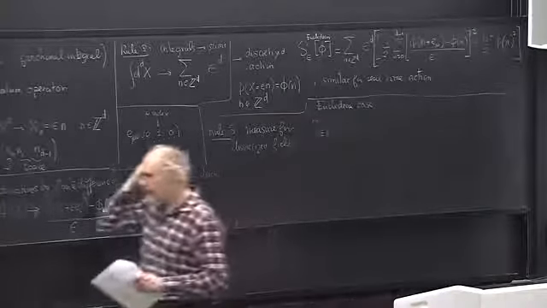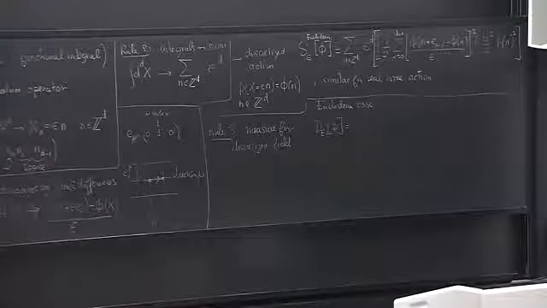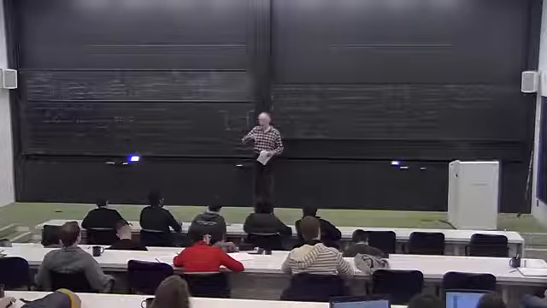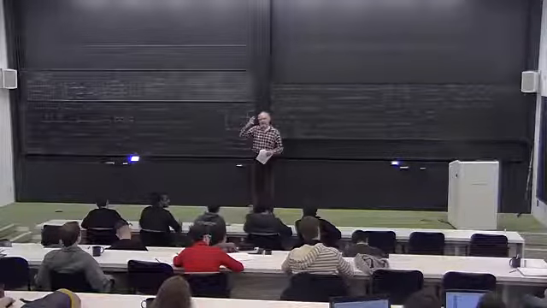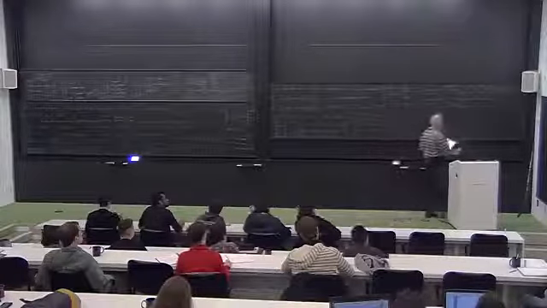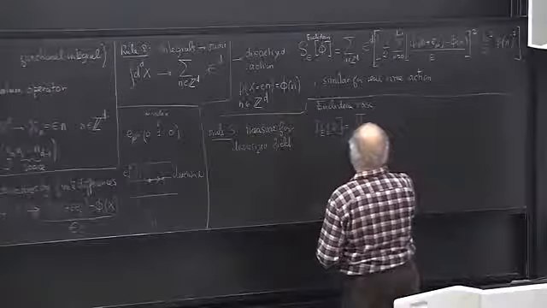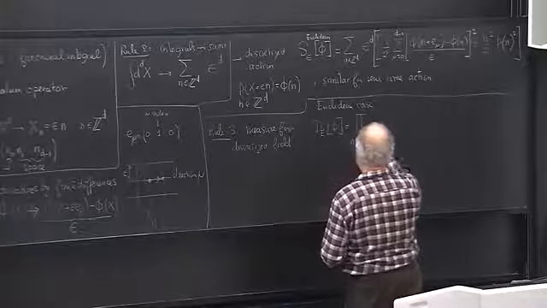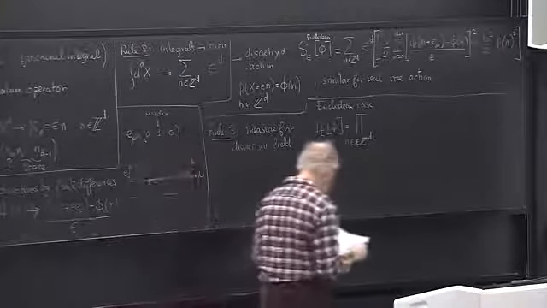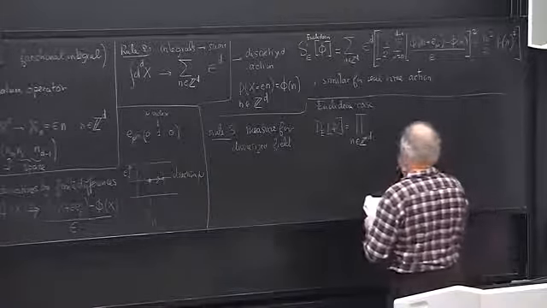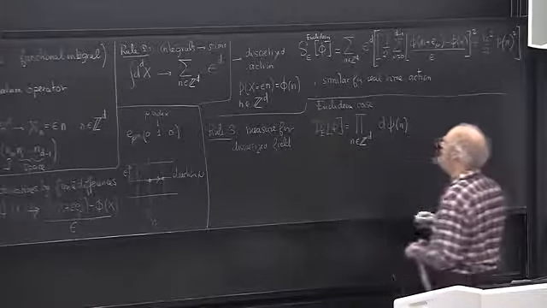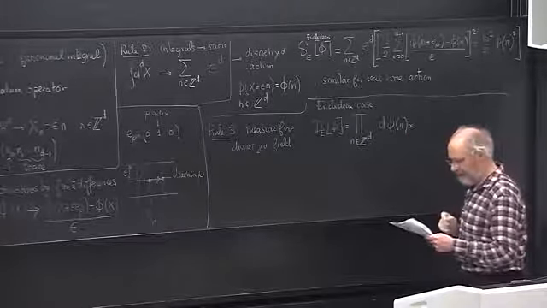As for the quantum mechanical case, you expect that the measure is just an independent measure for the value of the field at each time and each space point. So it's going to be a product over all the points n on the hypercubic lattice, of d phi of n, and then there is a normalization factor.